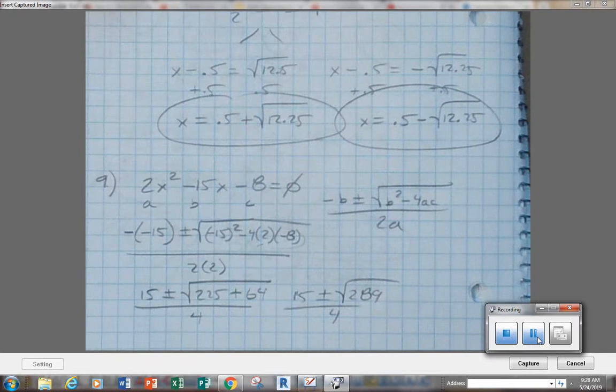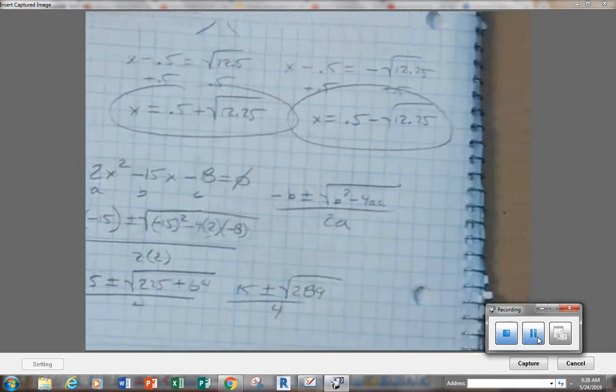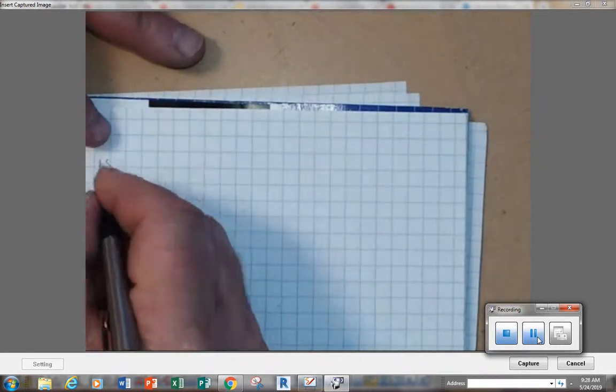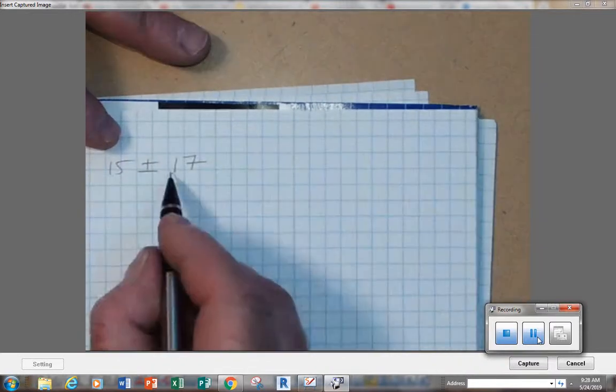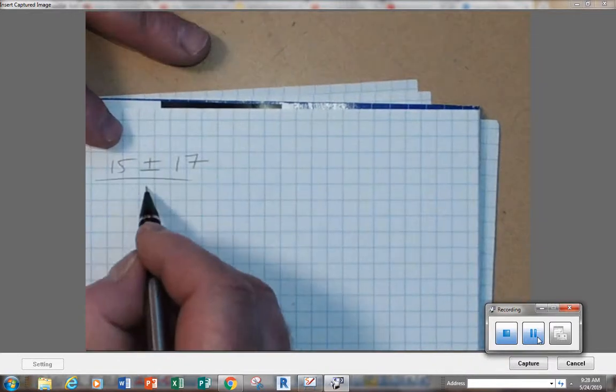Let me see. So this becomes 15 plus or minus 17, because that square root symbol goes away, all over 4.